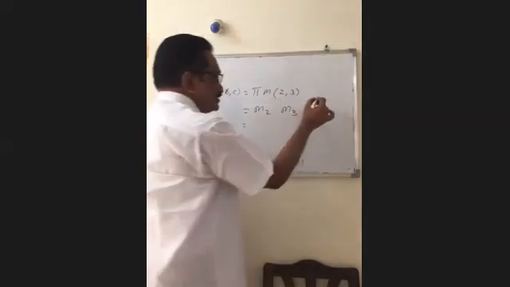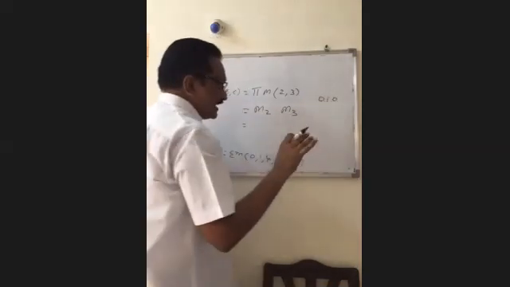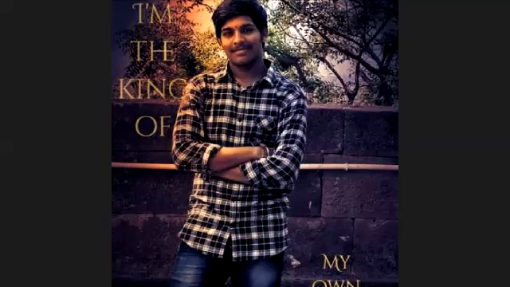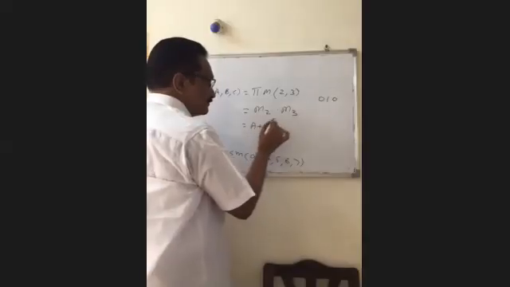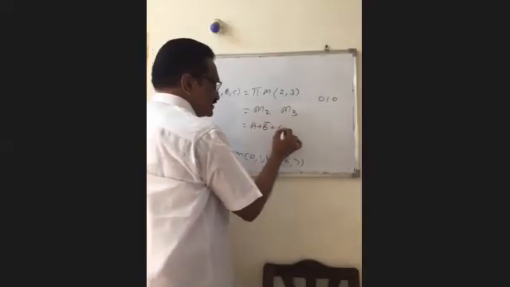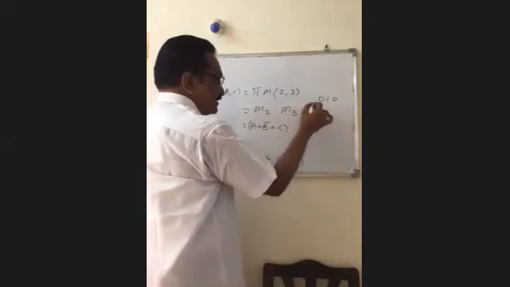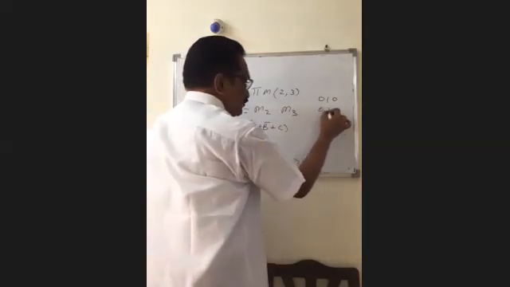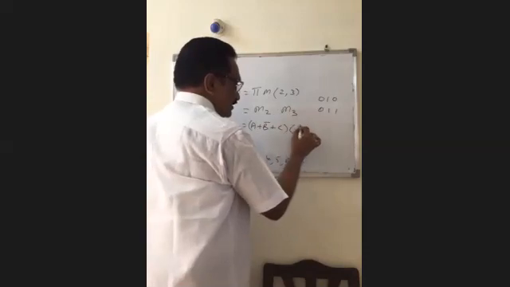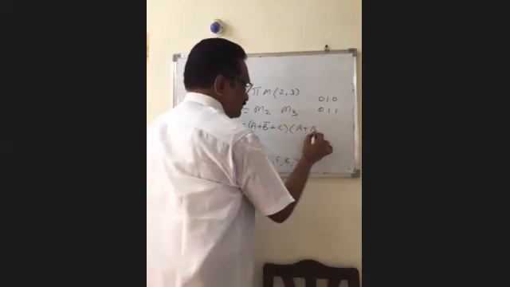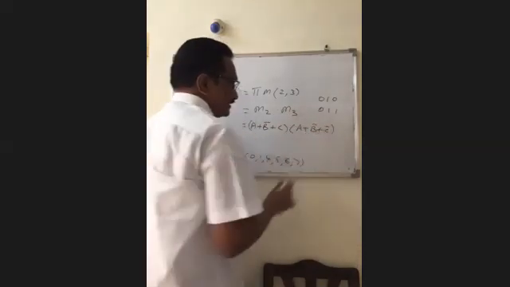M2 means 0, 1, 0. For the maxterms, 0 means the variable itself, 1 means its complement. So A plus B bar plus C. For this one, 3 means 0, 1, 1. So A plus B bar plus C bar.